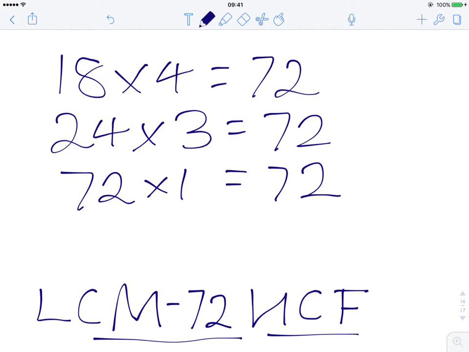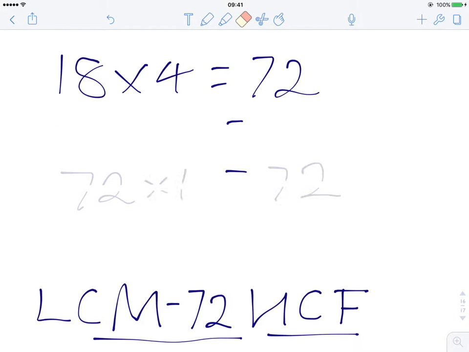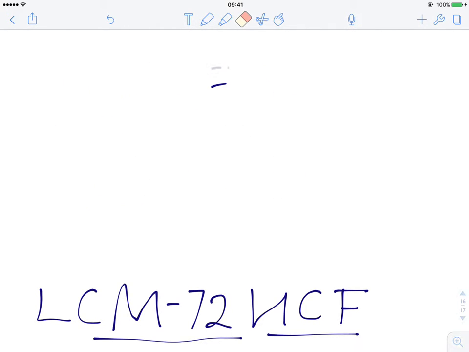The highest common factor of these three numbers is the largest number that is a factor of all of these. So let's write them again as a product of their prime factors so we can see the highest common factor a bit more easily. That will be the number that goes into all of them and is the greatest.